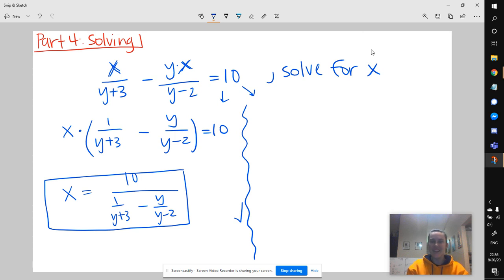The other way we can do it is more of a catch-all way to do any fraction problem, which is we can multiply by the denominators, right? So if we multiply, I'm just going to write this over again.